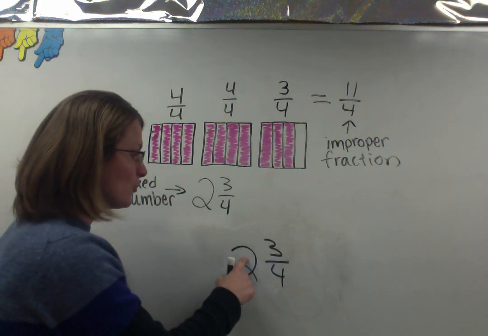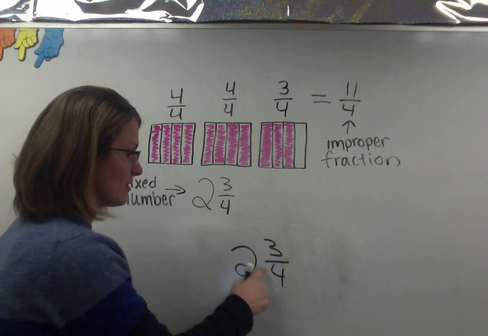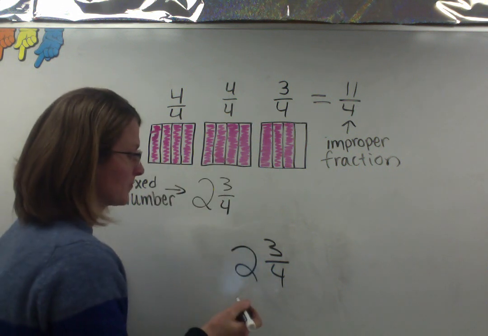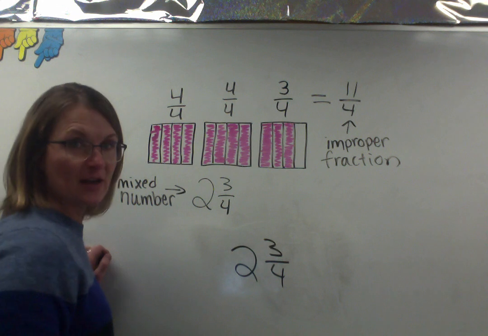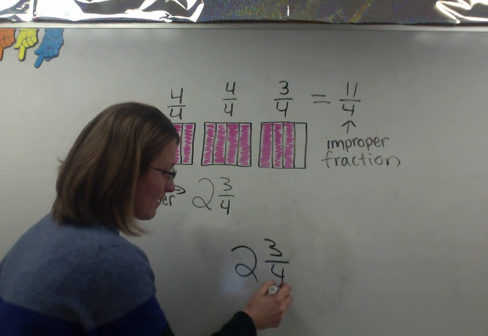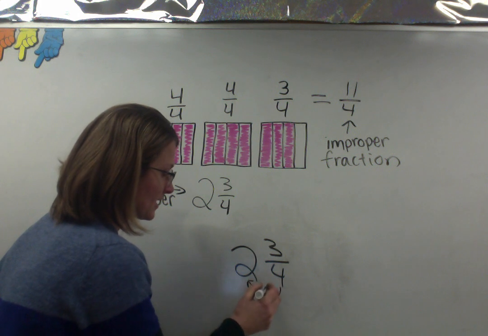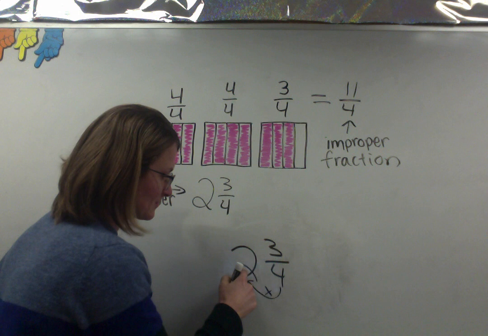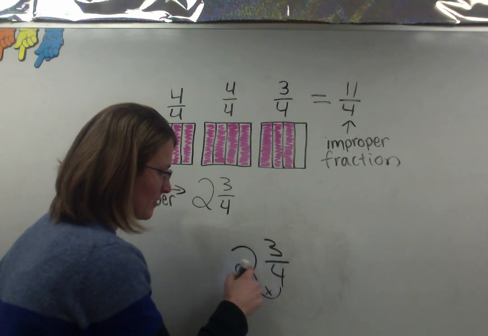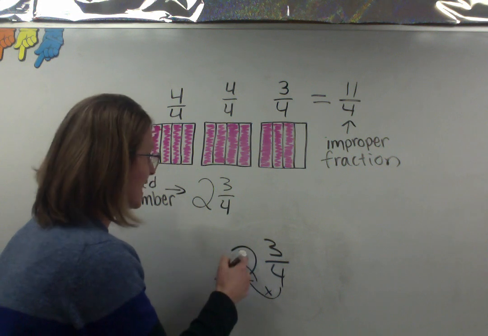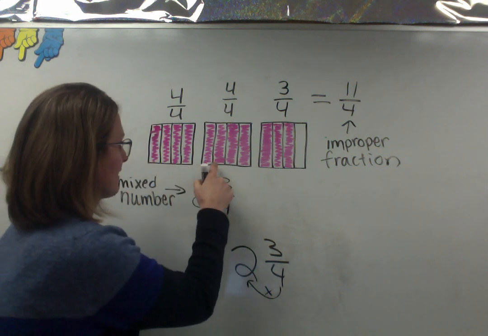So if you have 2 wholes, okay, you have 2 wholes that are made of fourths, 1 whole here and 1 whole here. What you do is you say, well, I have 2 wholes, and each whole has fourths in it. So I have to multiply 4 times 2, and that will tell me how many fourths are in 2. So 4 times 2 is 8. 1, 2, 3, 4, 5, 6, 7, 8.